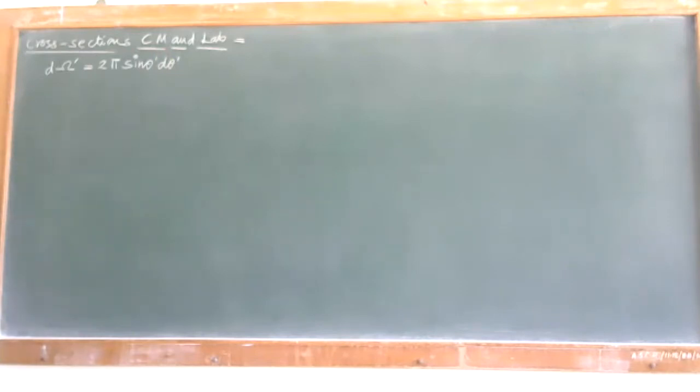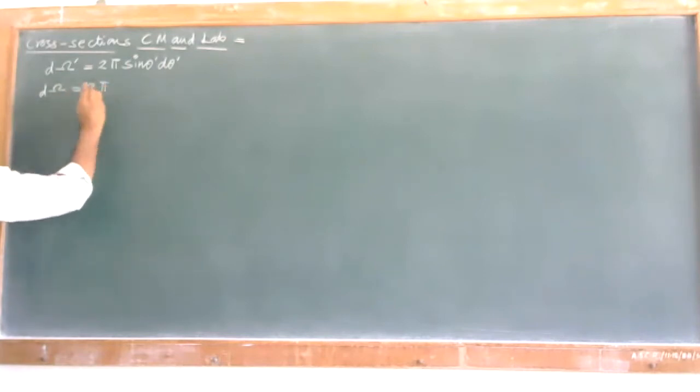Now we have to consider the number of particles that is scattered in solid angle d omega dash, or you can say in the center of mass frame, and that must be equal to the number of particles which are scattered in the laboratory frame.